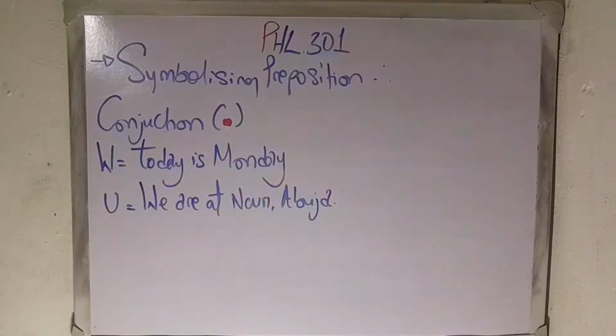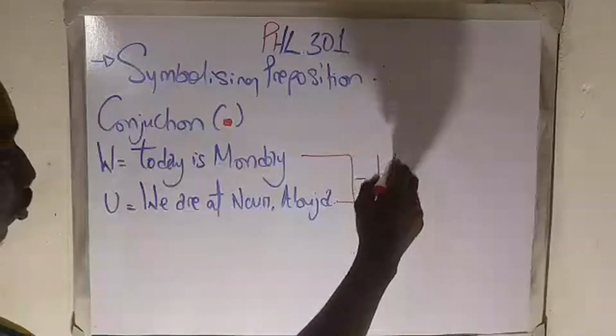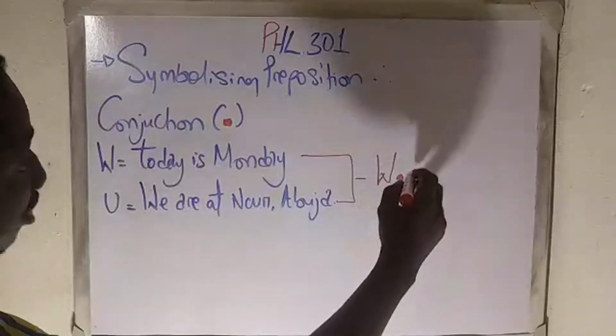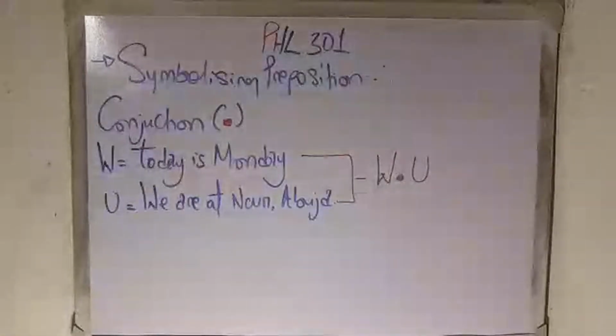Then we are going to have: today is Monday and we are now at Abuja. So let's do that together. There's no need for us to write it out again. So what this then becomes will be W dot U. Are we together?